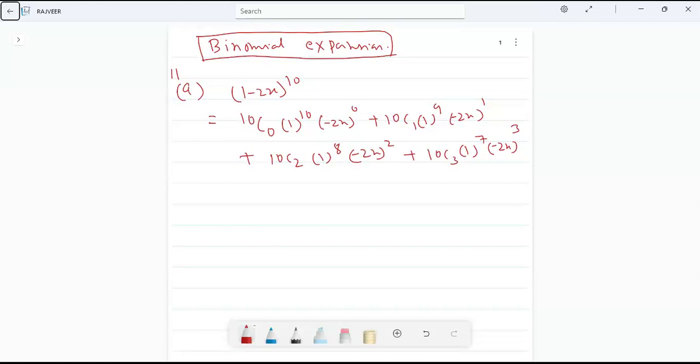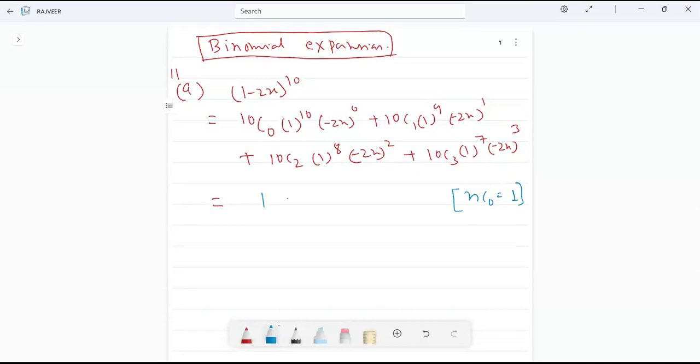So the first term will be 10C0. NC0 is 1. And write 1 to the power 10. NC0 is 1, so it will be 1, negative 2x to the power 0, and anything to the power 0 is always 1.